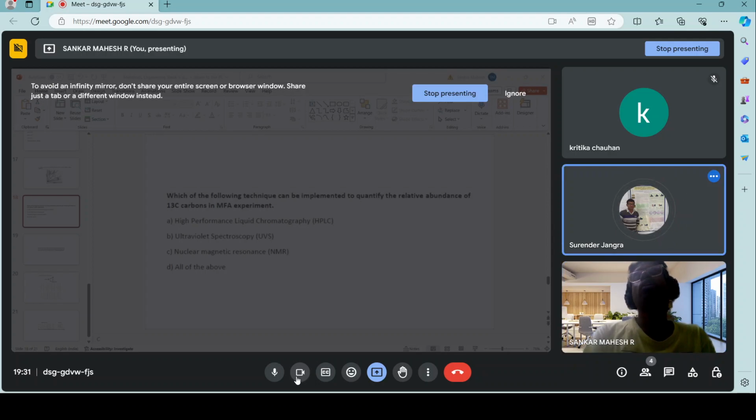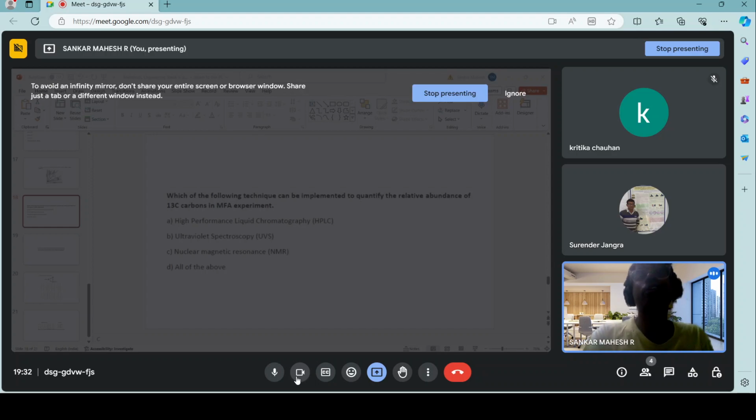So for that, you need a tool that will help you identify radioactive elements from non-radioactive ones. So how to approach this answer is, you have to see which of these tools, HPLC or UV spec or NMR, is compatible with radioactive substances. That would give us the right answer.